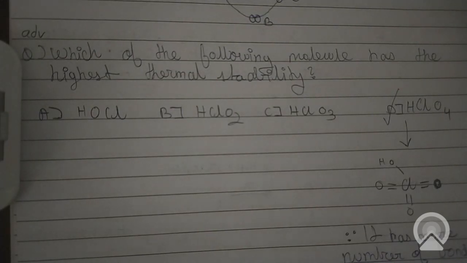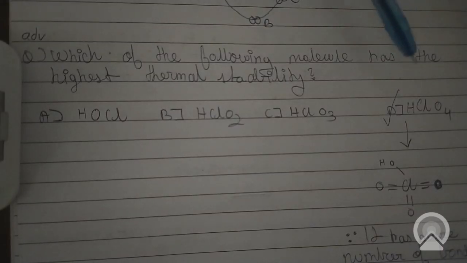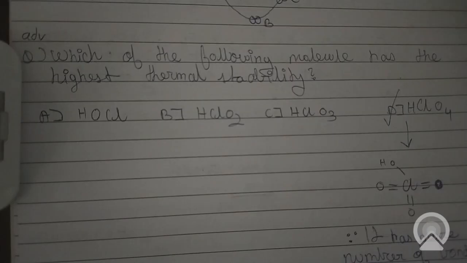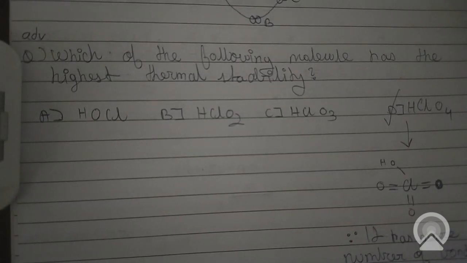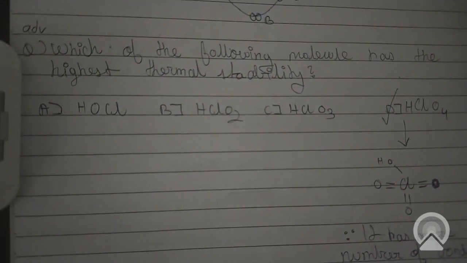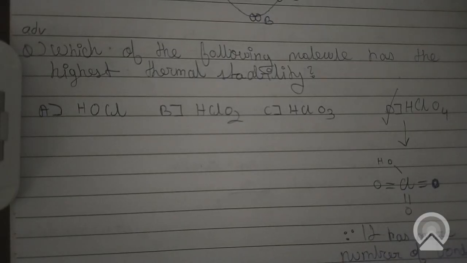And the highest oxidation number is in option D. So what that means is that when chlorine has the highest oxidation number amongst the four options, it's more like the electrons of chlorine are well distributed in this structure, and hence it's harder to break.